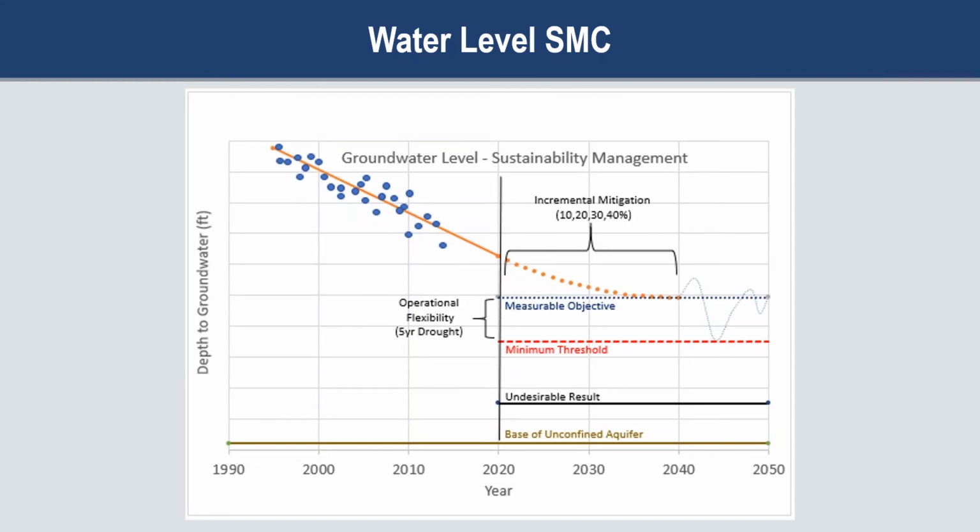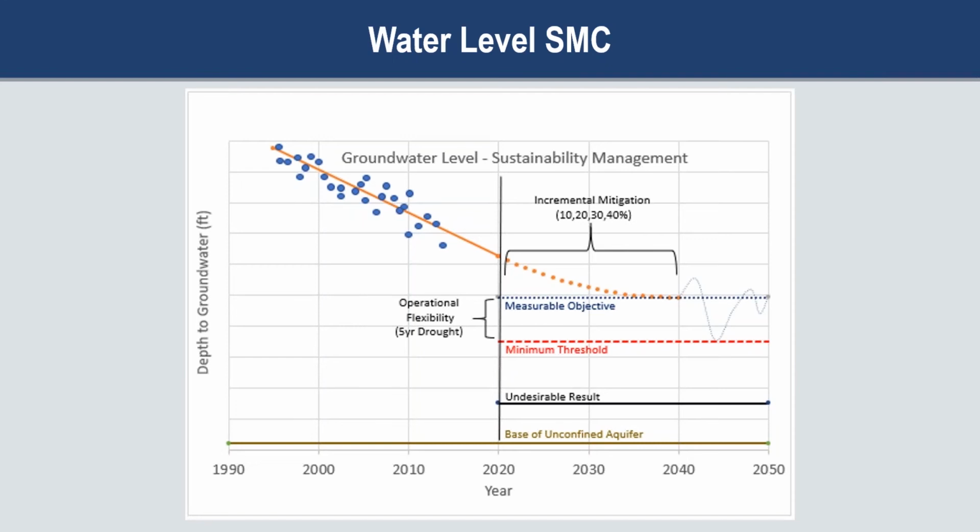What that rate of decline was, we multiplied by 5 for a 5-year drought, and that was our operational flexibility. Now in some areas that didn't work, like up by the river. In some areas there was even a positive rate of decline over the drought period.